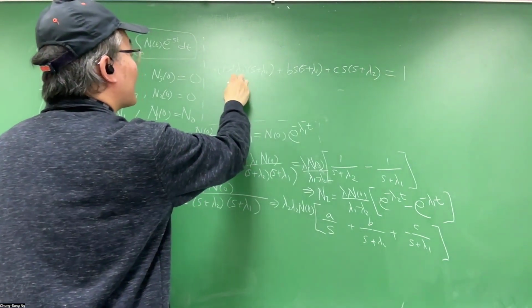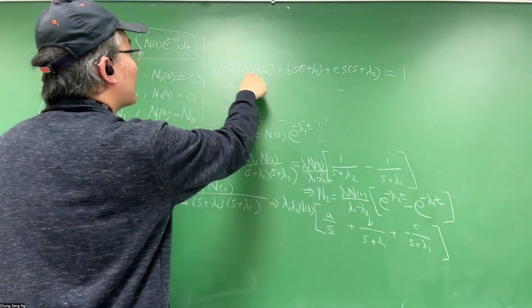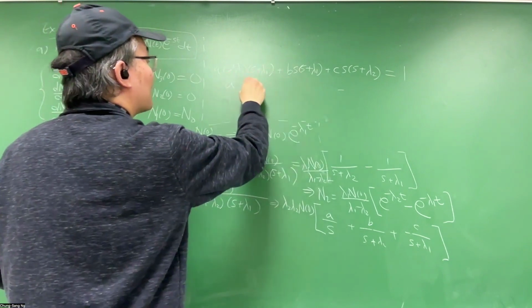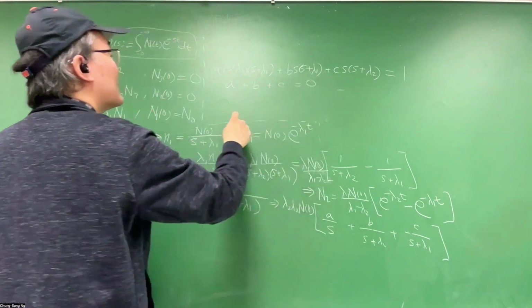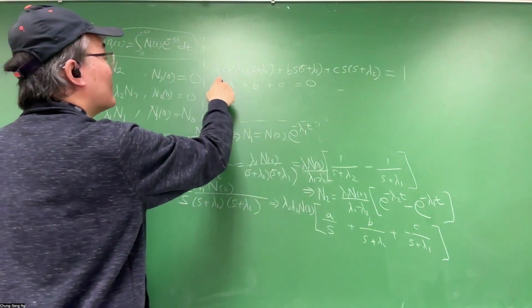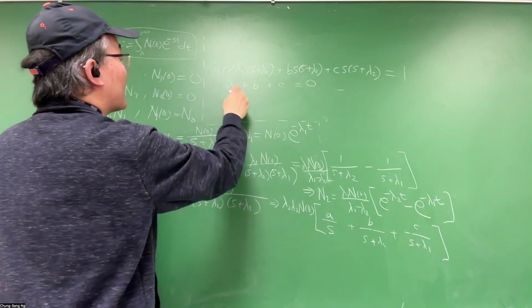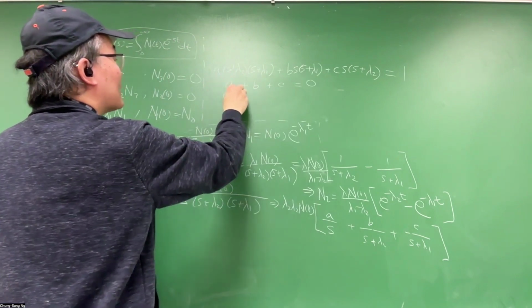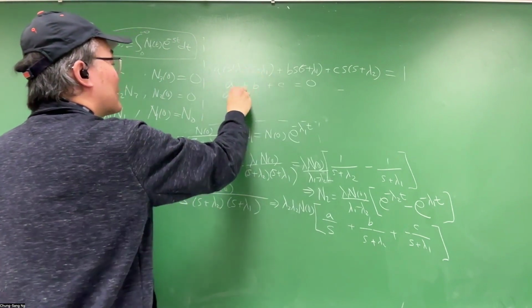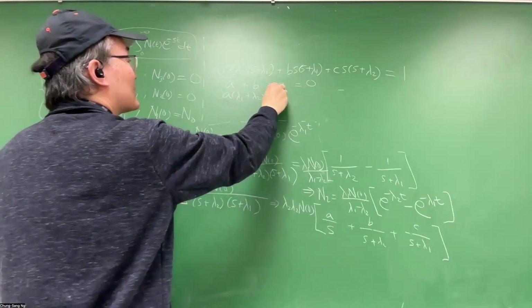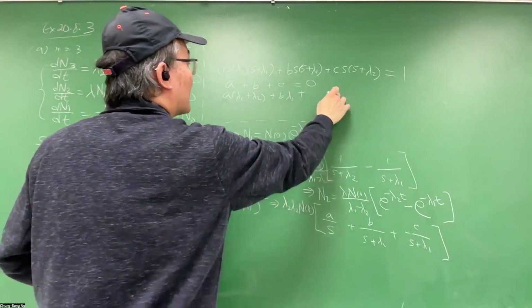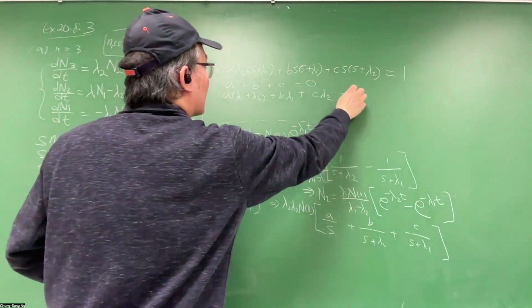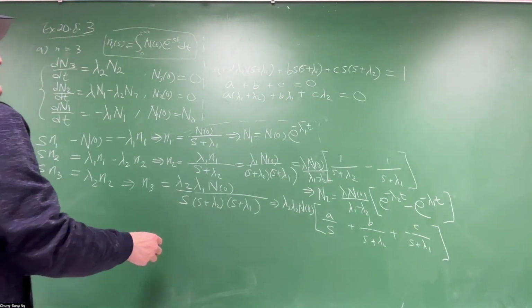The S squared term is A plus B plus C, which is 0. The linear term is A times (lambda 1 plus lambda 2) plus B lambda 1 plus C, which is also 0.